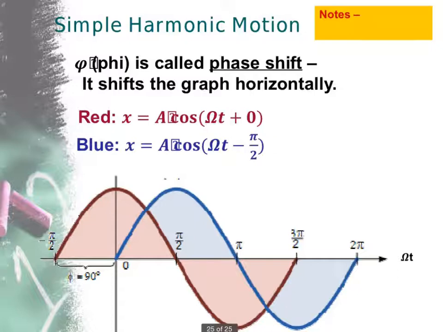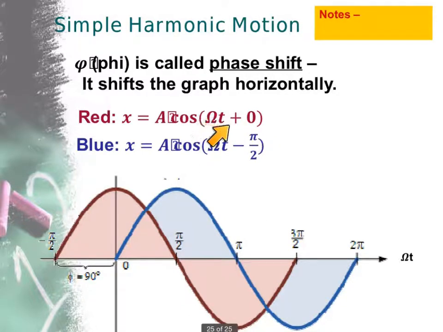Okay, to illustrate it best, I've given 2 examples here. I've given a red graph where x is equal to A times cosine of omega t plus 0. So in other words, this has a phase shift of 0. Now let's see if this makes sense.